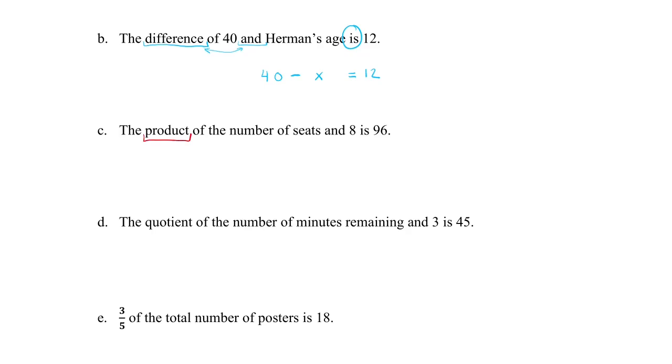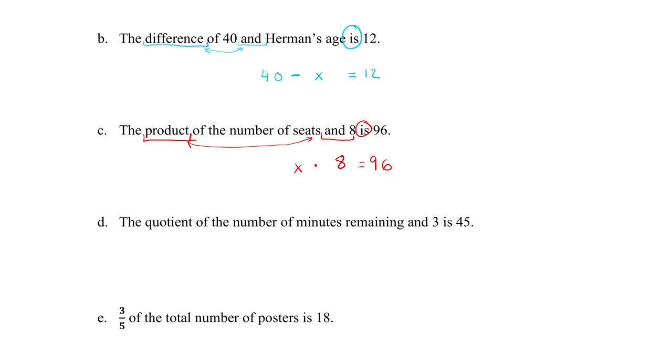The product of the number of seats and 8 is 96. So the product, that's multiplication, of the number of seats, that's an unknown, and 8 is 96. Now here, we wrote x times 8, and that's fine.